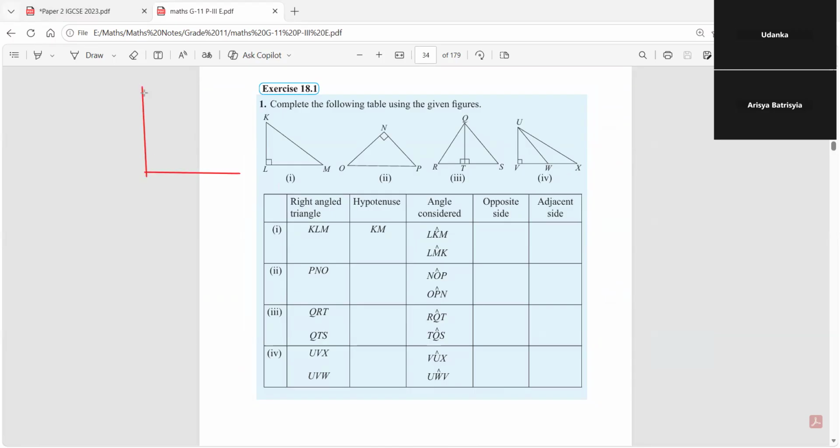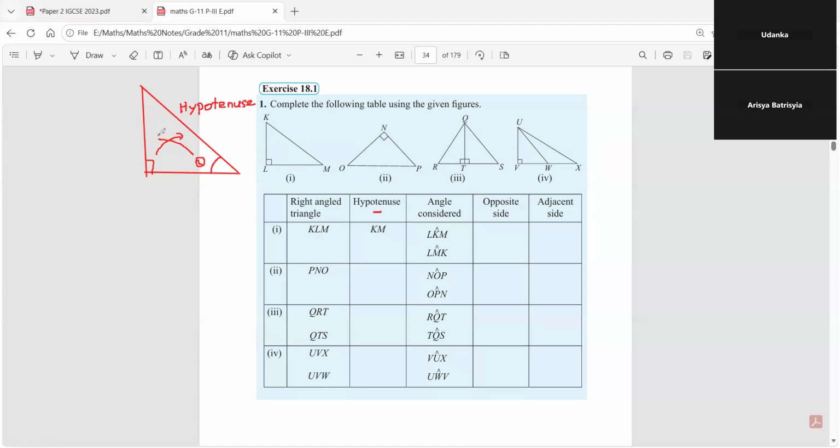If I take this considered angle as theta, opposite of 90 degrees they always have the hypotenuse. What is opposite of 90 degrees? This one is called the hypotenuse.